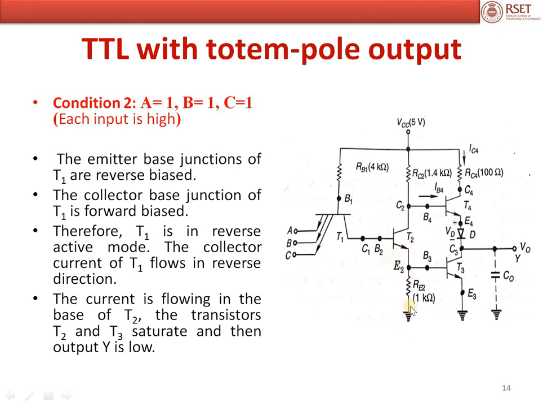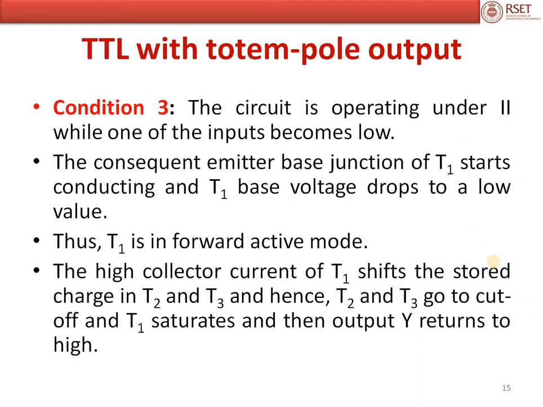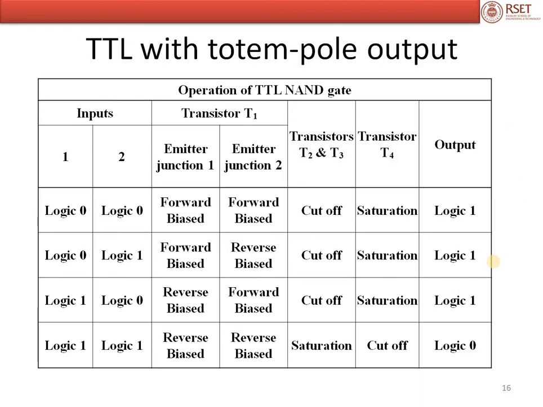So sufficient potential is developed across RE2 that will turn on the transistor T3 so that will reduce the output voltage. So the output will be the logic state 0. So this is the working of TTL with a totem pole output. Now this is the summarization for 2 inputs.